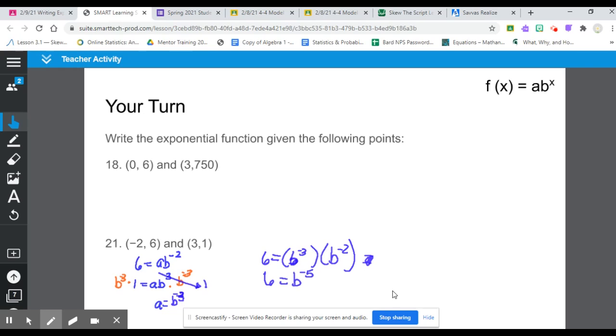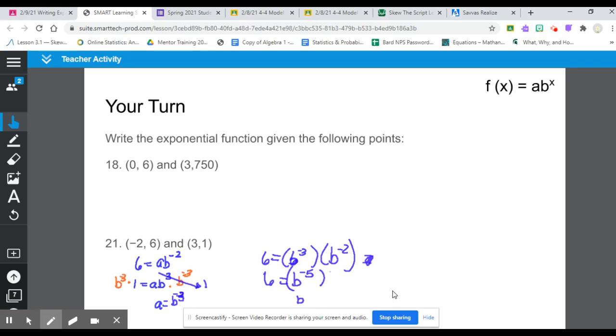And then I can get this by itself by multiplying both sides, right? We want just b to the first power. So what do I multiply negative 5 by? I don't need a b, I just want an exponent, in order to get a 1.